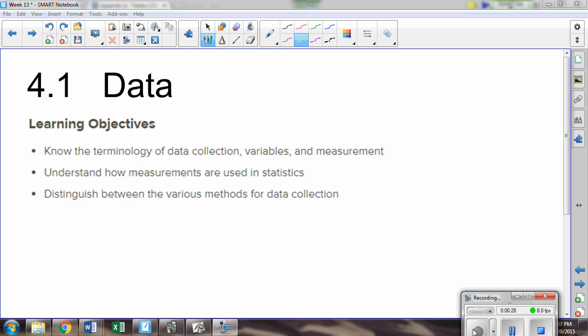You must know the terminology for data collection, variables, and measurement. Of course, if you know what measurement is, you have to understand how it gets used in statistics. What kind of tools will we use? Progressing further, one of our main learning objectives is to distinguish between the various methods for data collection, various types of data, and so on and so forth.